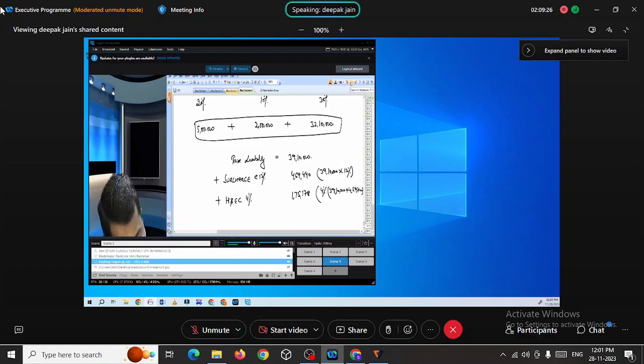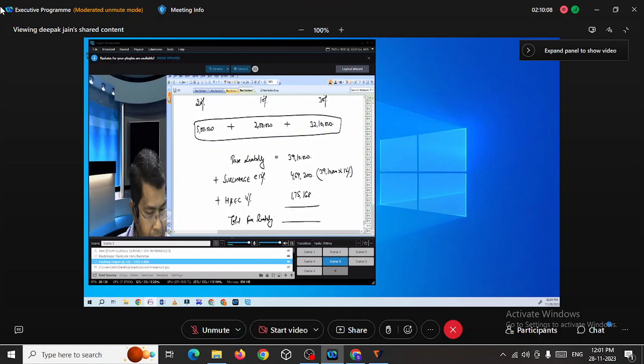Yes. 12%. 4 lakh 69,200. Plus this 39 lakh 10,000 into 4%. This is your total tax liability, 4% cess. Sir, we will add all these three.